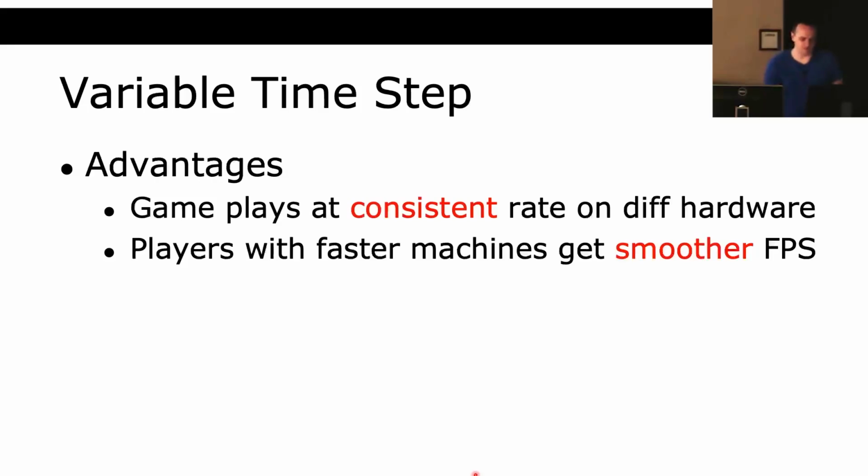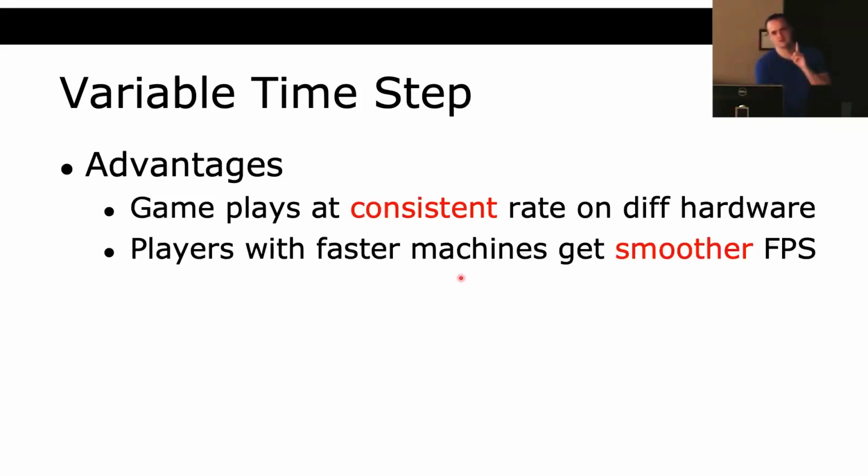The game is going to play at a consistent rate, meaning that everything in the game is going to move and interact at the same rate, the same speed on the screen, no matter what. But if you have a faster machine, it's just going to run at a smoother frames per second, right? So in an ideal world, this is exactly what happens, and this is perfect.